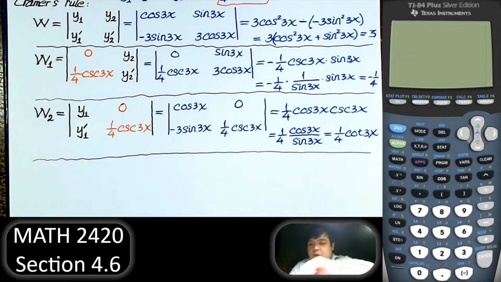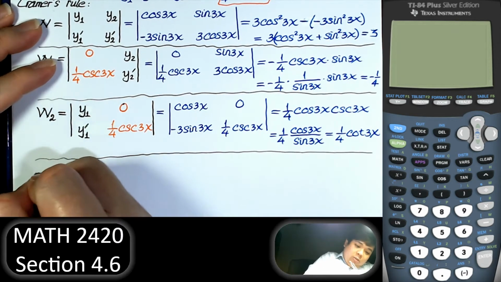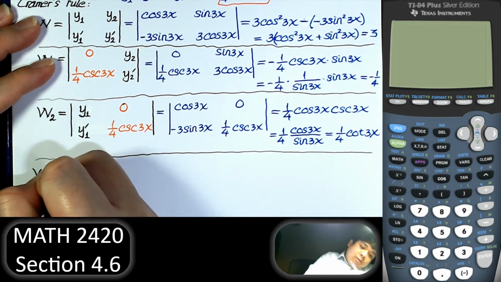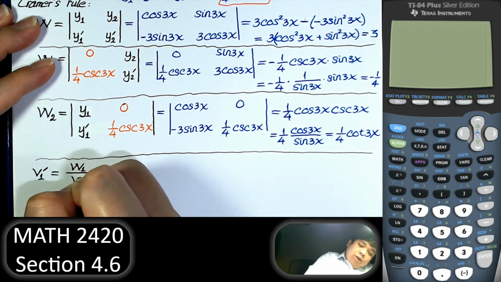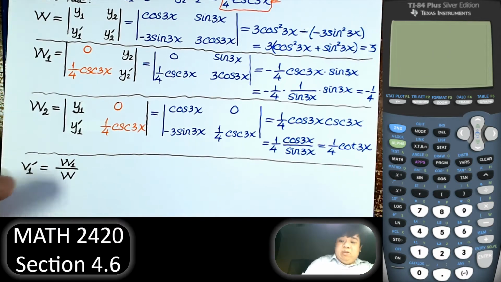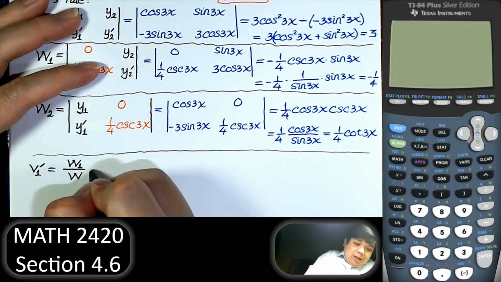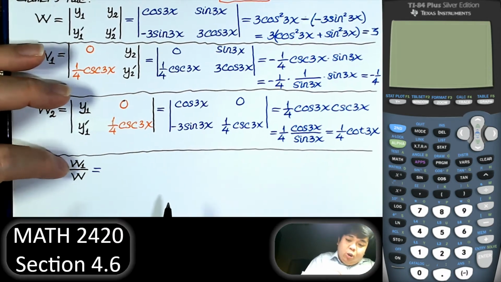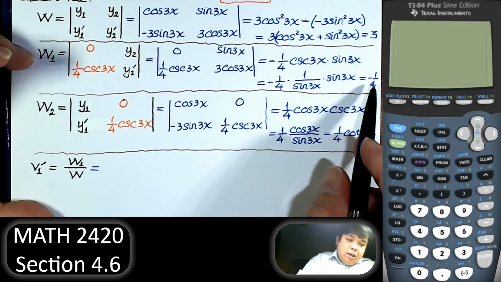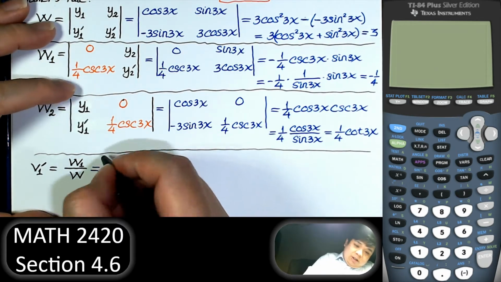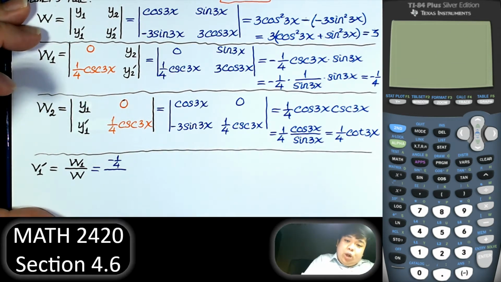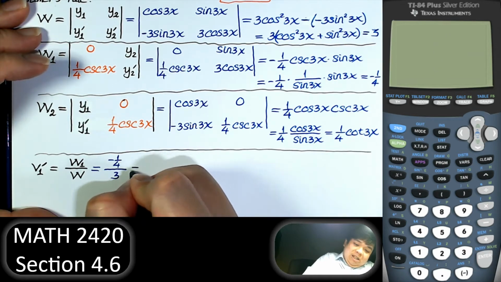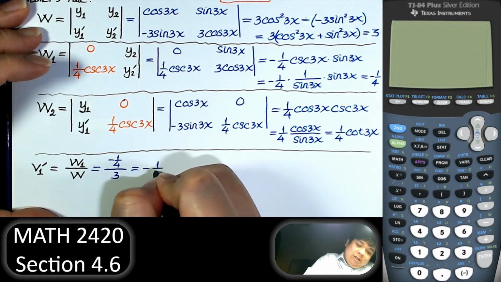Now once we have the w's, the Cramer's rule said v1 prime is w1 over w, still has the derivative, right? W1, negative 1/4, W3, well, that should be easy, so that's negative 1 over 12.